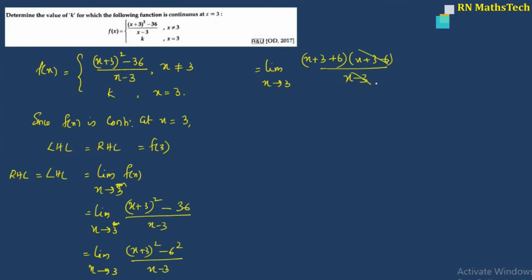So these two terms get cancelled, which is x minus 3 by x minus 3. So when x is equal to 3, which is 3 plus 6, which is equal to 12. Okay. So this limit 12 is equal to f of 3. F of 3 is equal to 12, that is k equal to 12.